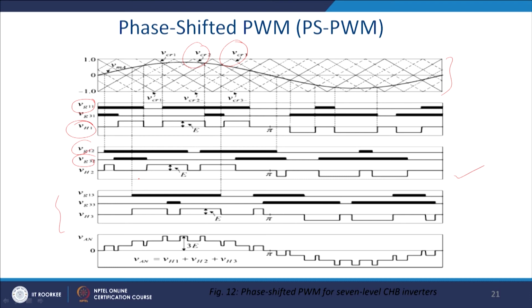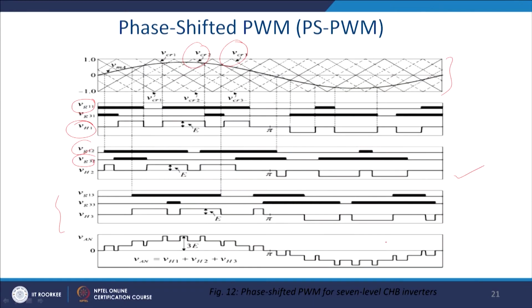I request you to simulate these circuits, these logics, then only you can generate the gating signals very easily, and thus you will get these voltages. Ultimately, VAN will be 3V, it is VH1, VH2, VH3. So, this is the voltage level you will get.